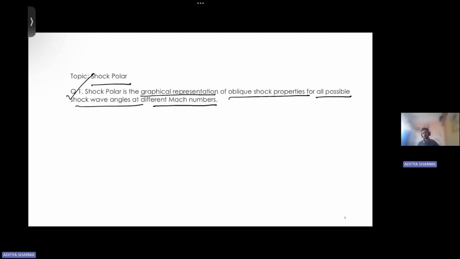So if we look into this question, it says that this shock polar is for shock wave angles. What is shock wave angle? Shock wave angle is nothing but beta, right? At different Mach numbers.